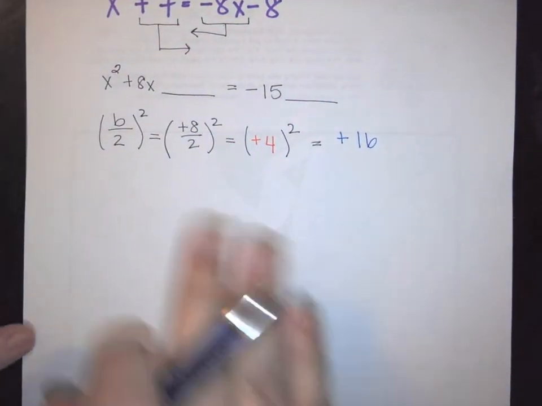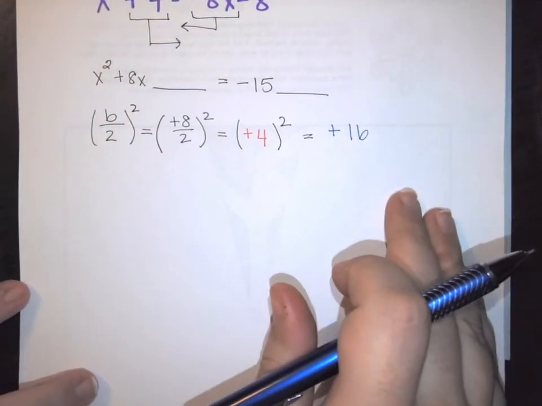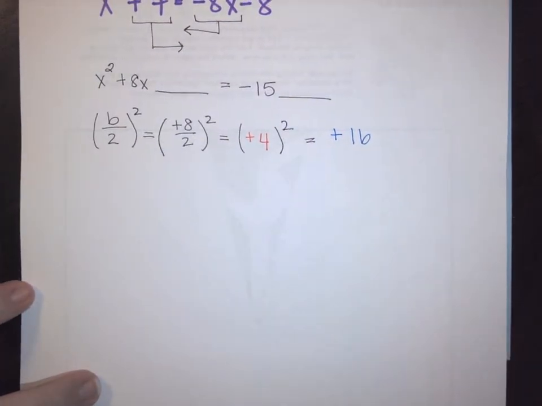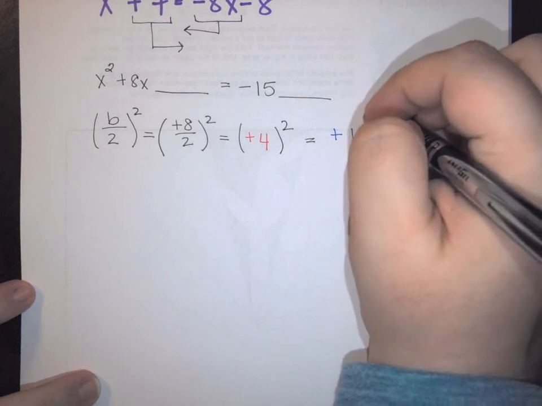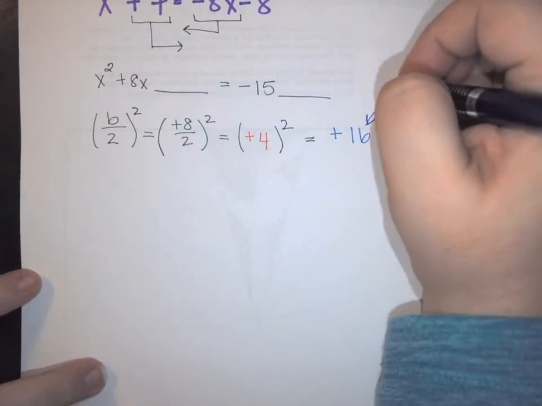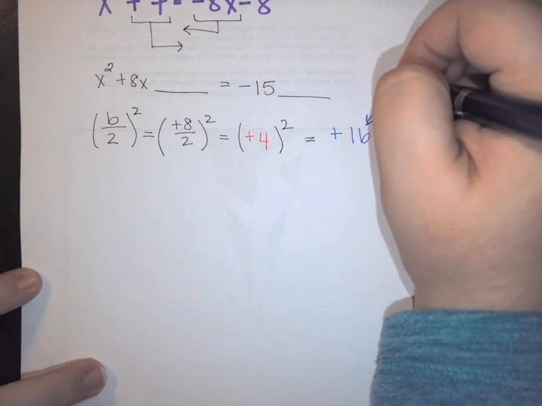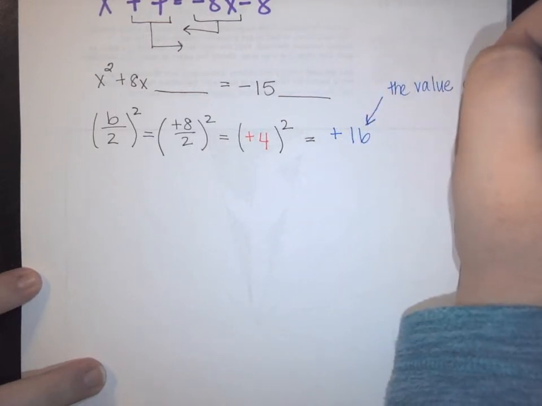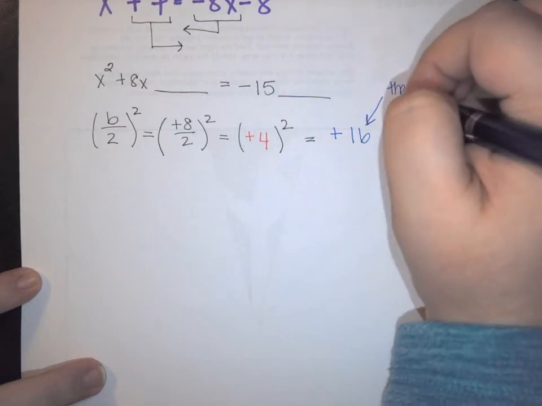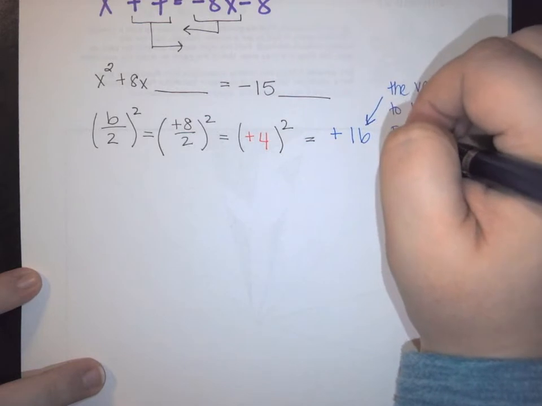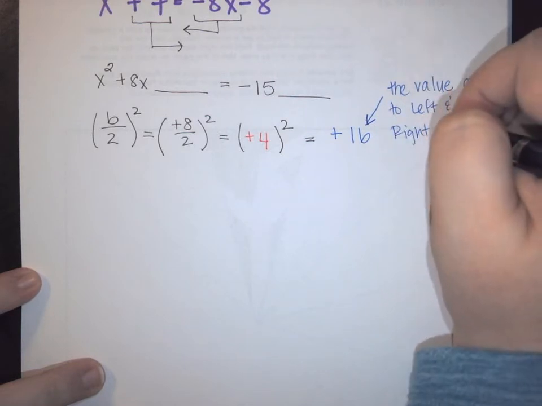Now, the reason why I do each of these steps is because the 16 here ends up being the value added to the left and right side of the equation.